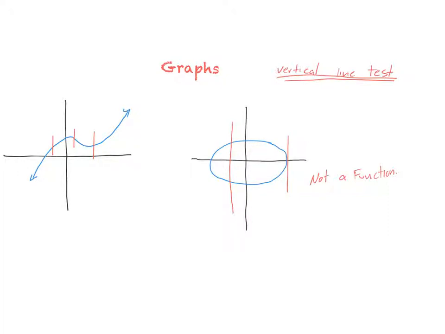Now, we mentioned that an equation gives you a graph. So if I give you, for example, y is equal to 2, for the equation y is equal to 2, that means that for every single value, doesn't matter what we choose, there's going to be a horizontal line that goes through the point of 2.